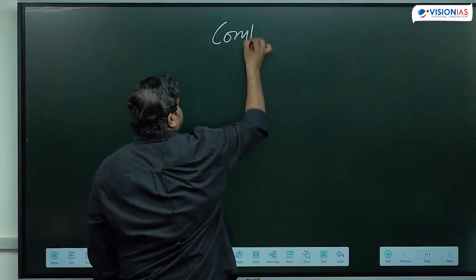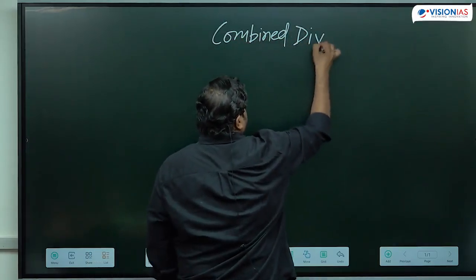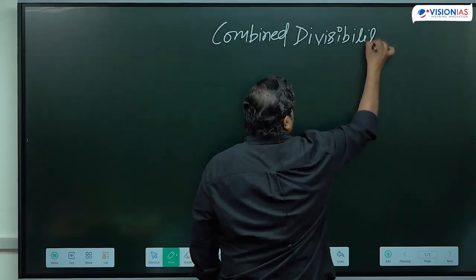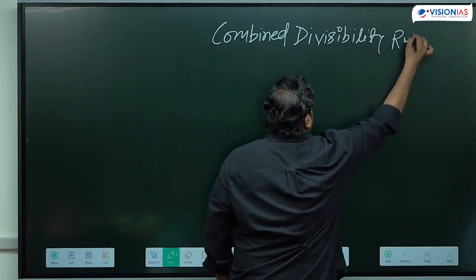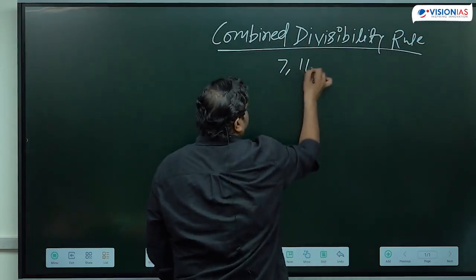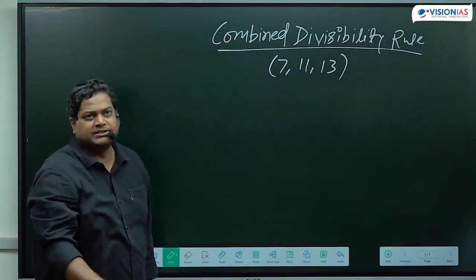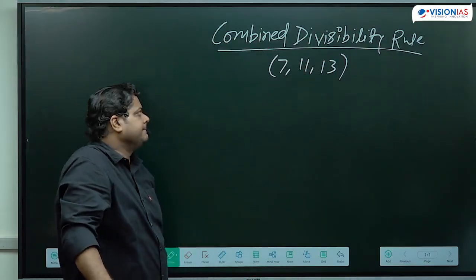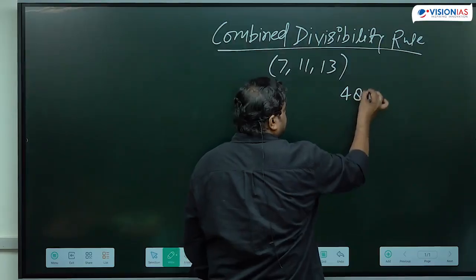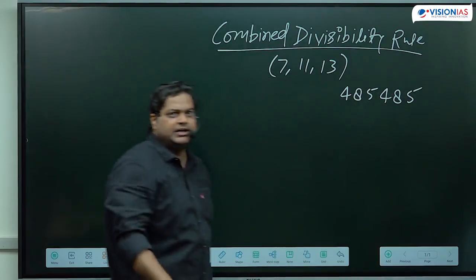Okay? Then we can see combined divisibility for 7, 11 and 13. Suppose we are having a number this way, 485, 485.